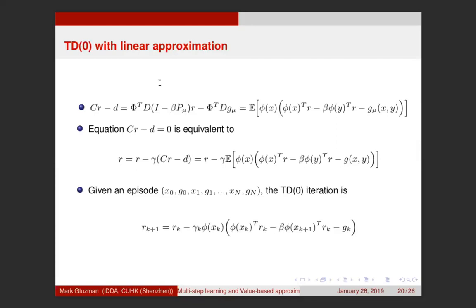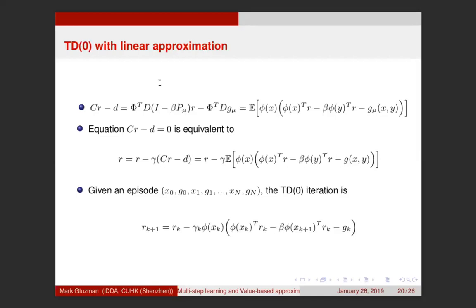So the equation C R minus D equal to 0 is equivalent to solving R equal to R minus gamma (C R minus D). If C R minus D is equal to 0, then we get R equal to R. Then we substitute C R minus D, and given an episode, we can get the TD0 algorithm with linear approximation.